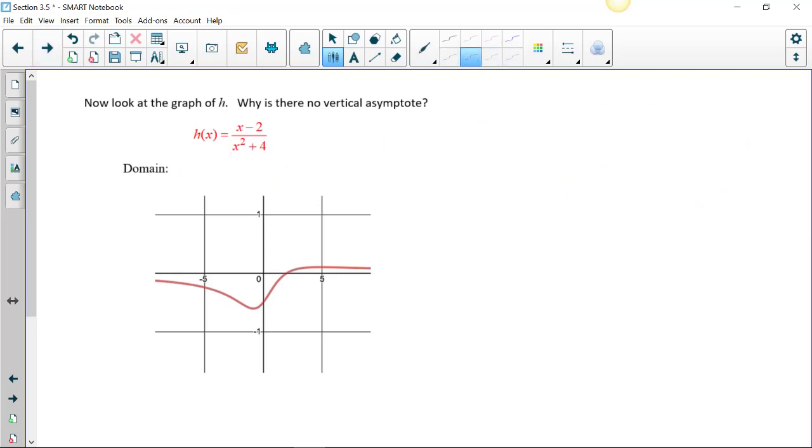Now, when I look at the denominator, it kind of looks like the denominator in g in our last function, except for the fact that this is a sum of two squares, which does not factor into real numbers.